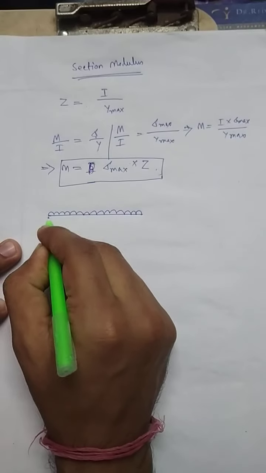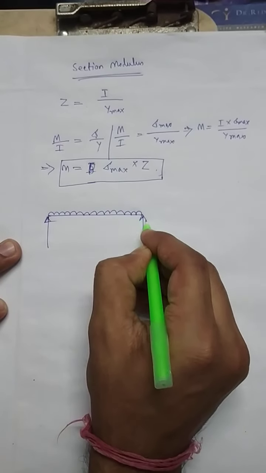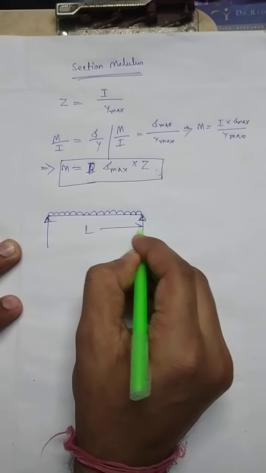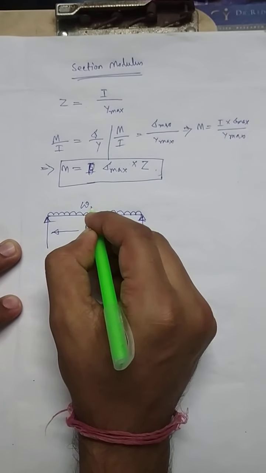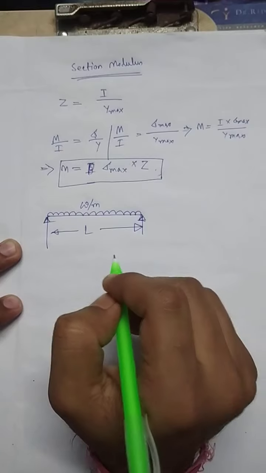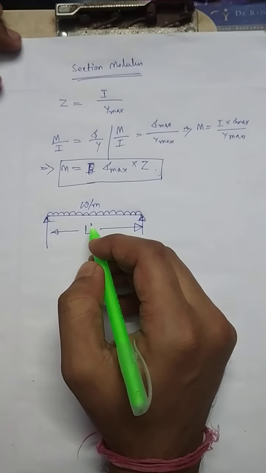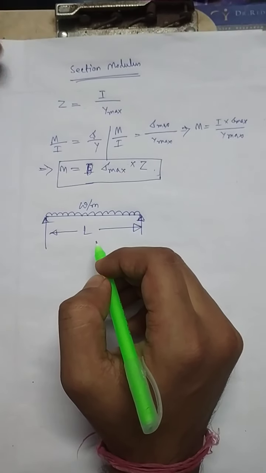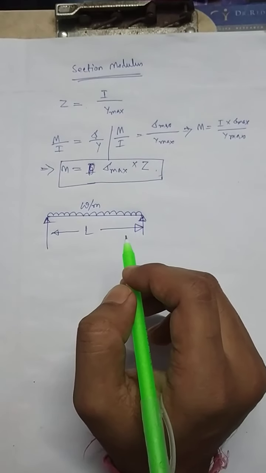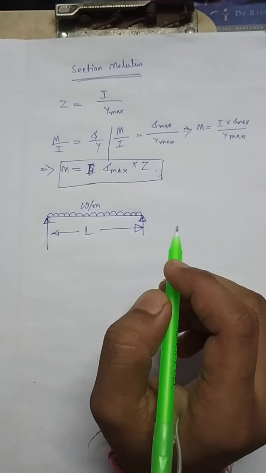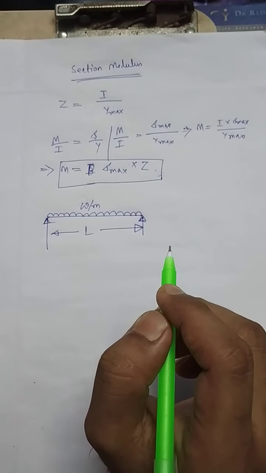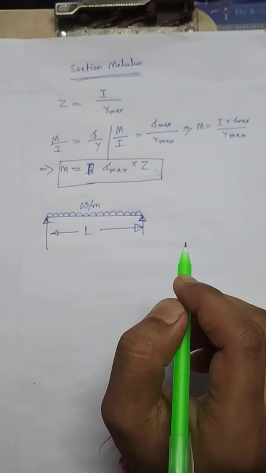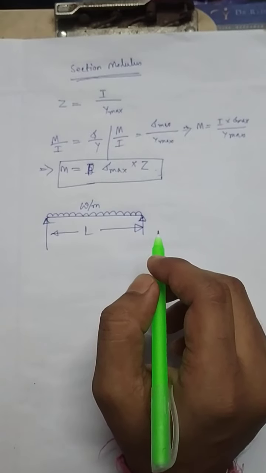Simply supported at both ends, having length L and carrying W load per meter. Now let us work with its problem statement.